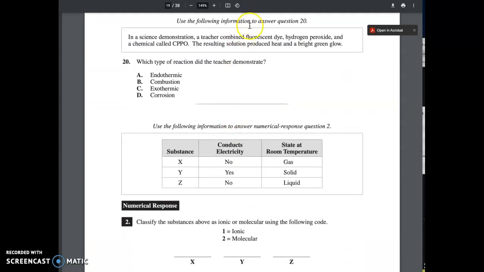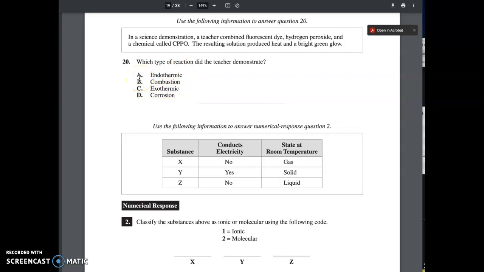Okay, so they put in fluorescent dye, hydrogen peroxide, and some kind of chemical. And it produced heat, and it glowed green. That sounds exciting. So what type of reaction did the teacher demonstrate? Well, if it produces heat, that means it's an exothermic reaction, releases heat.